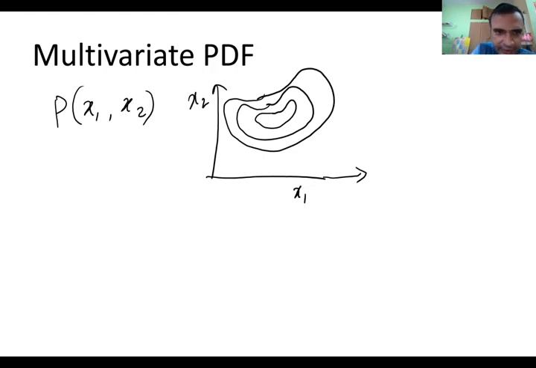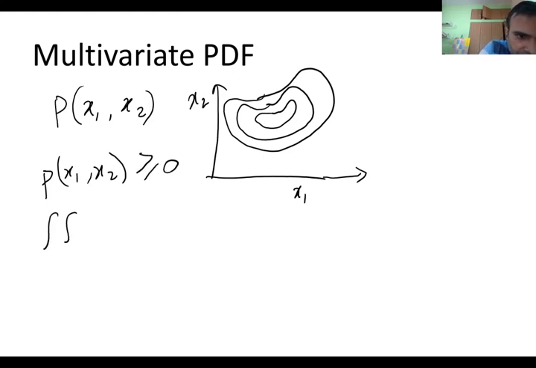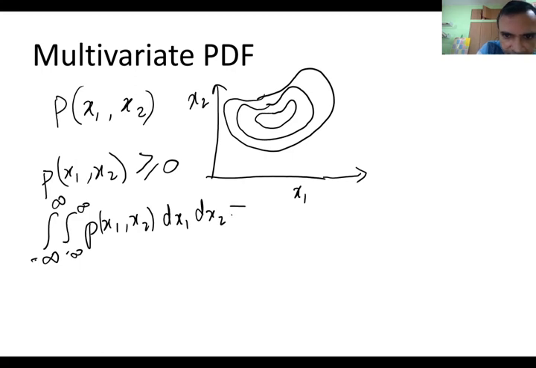The only condition that we have is that p of x1 x2 is greater than or equal to 0, and the double integration of p of x1 x2 dx1 dx2 from minus infinity to infinity is 1. So this is the definition of this probability density function.